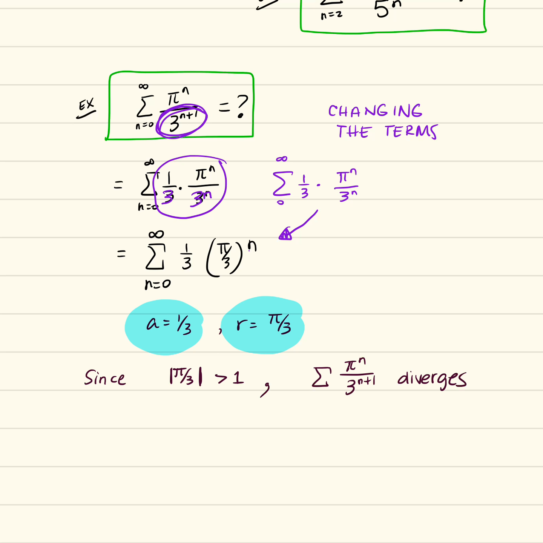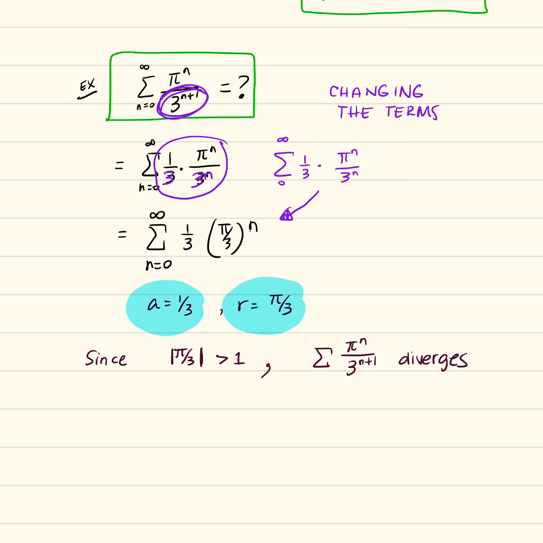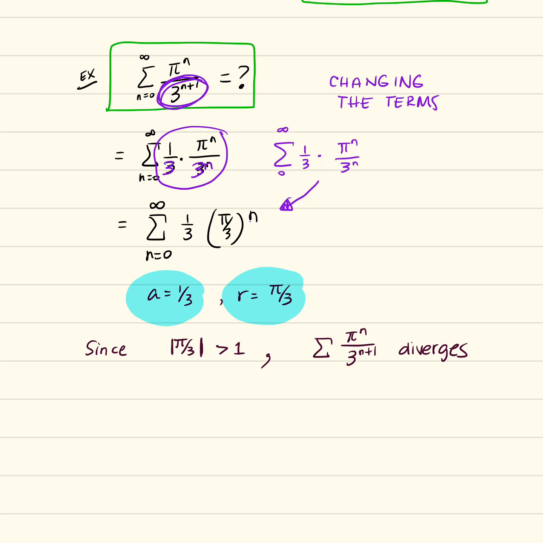Now, once I know the r is pi over 3, I'm going to automatically say that my series diverges because the absolute value of pi over 3, which is the absolute value of r, is bigger than 1. And how do I know that? Because pi is bigger than 3.